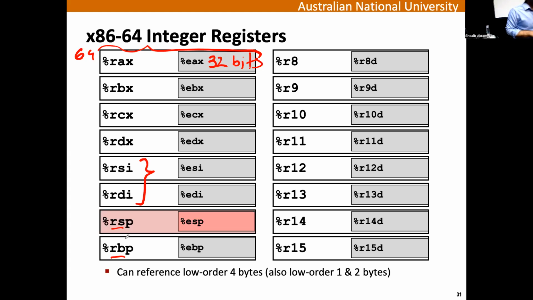Is base pointer the same thing as a frame pointer? Yes. So the base pointer is when you save the stack pointer of the previous function call, because the base pointer is the point at which the function call was made.